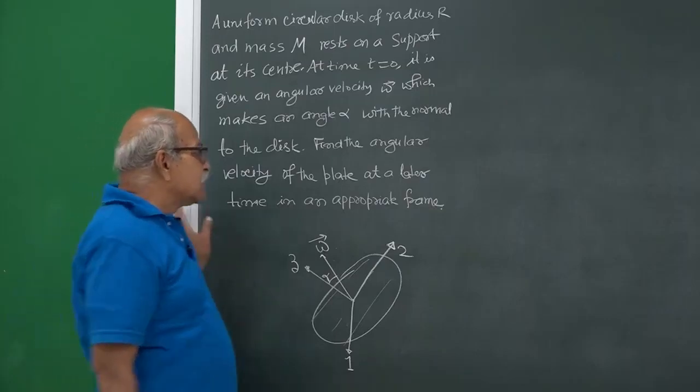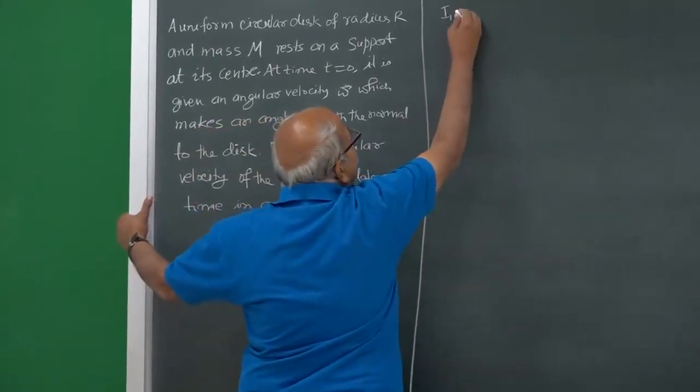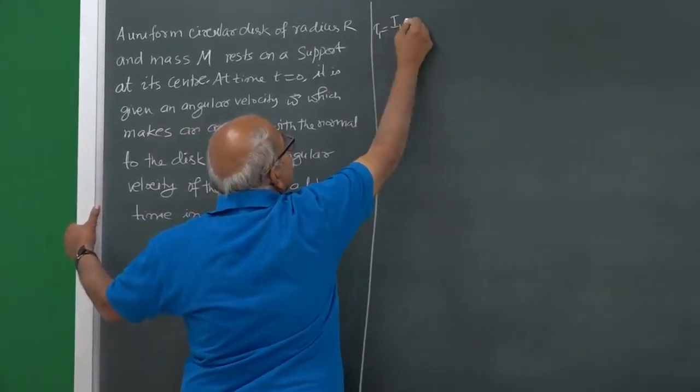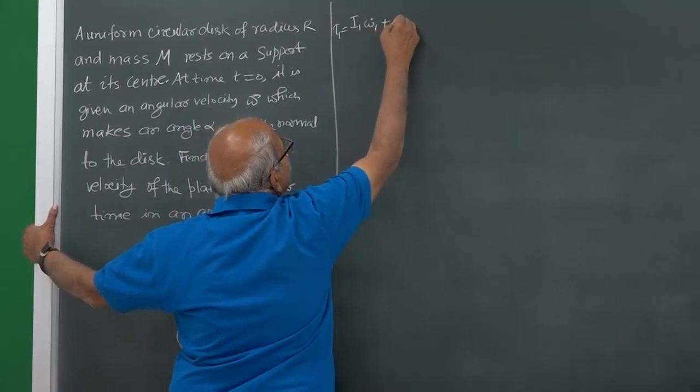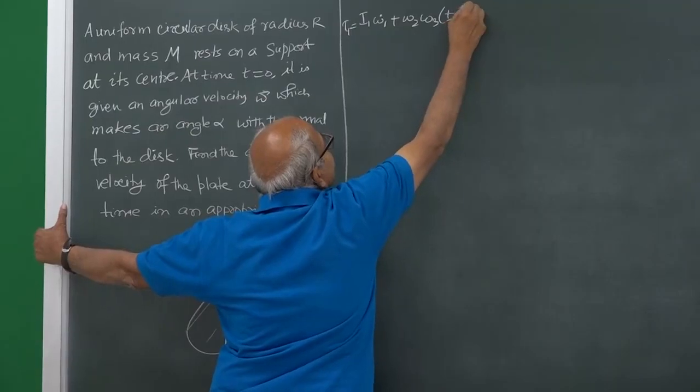And if I write Euler's equations, remember: tau 1 is equal to I1 omega 1 dot plus omega 2 omega 3 times (I3 minus I2).